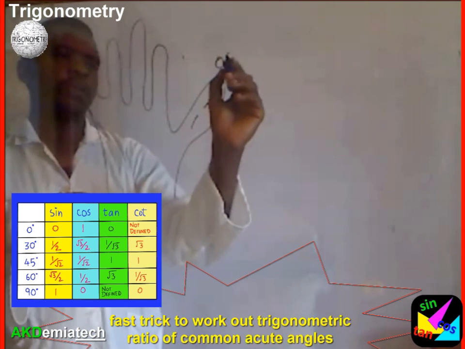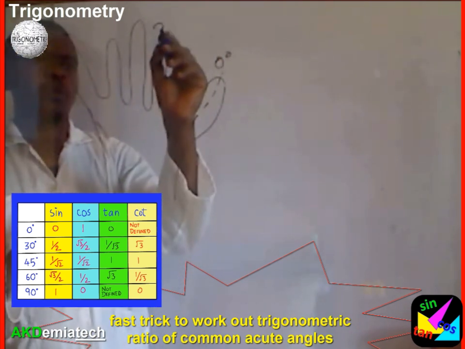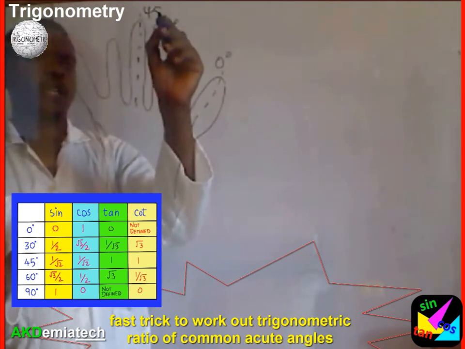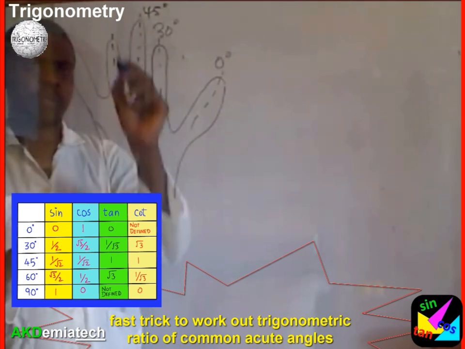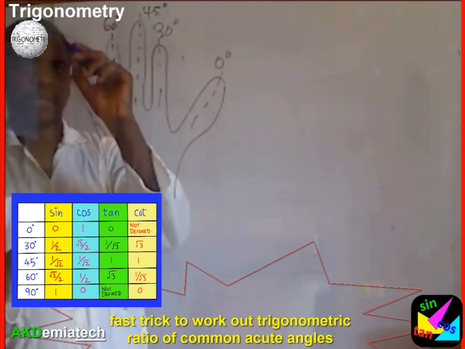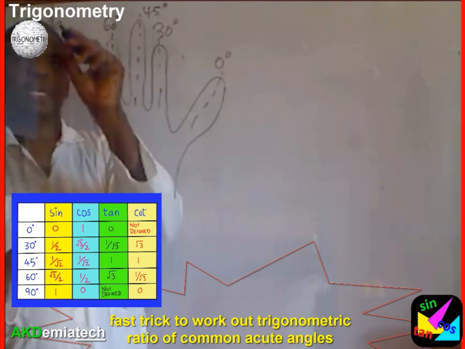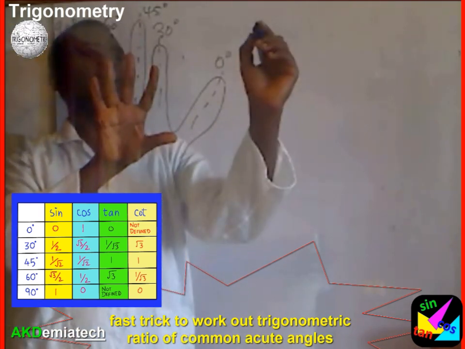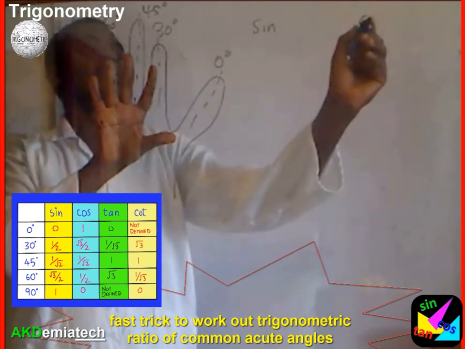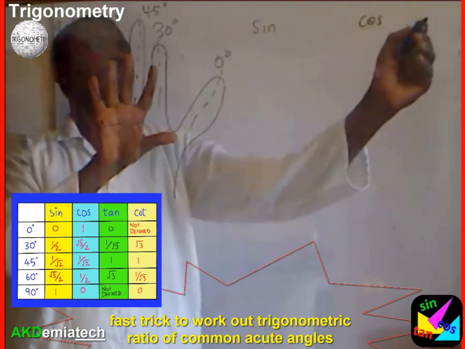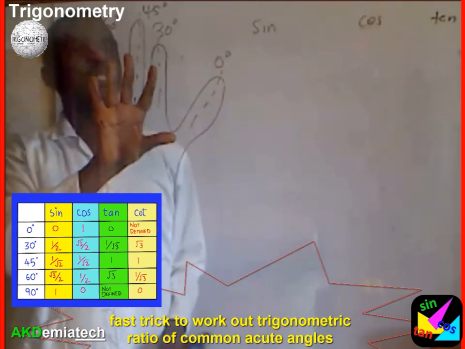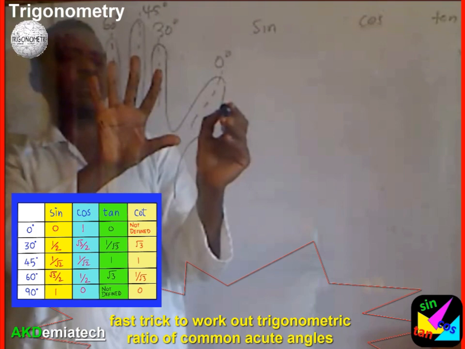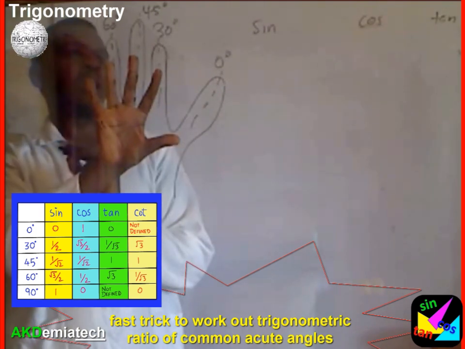This is 0 degrees, 30 degrees, 45 degrees, 60 degrees, and here 90 degrees. I want to look at the trigonometric ratios sine, cosine, and tangent.